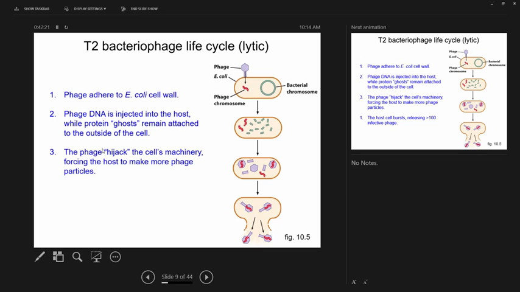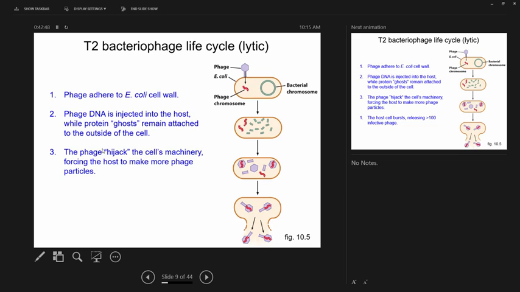At the same time, you notice this is the bacterial chromosome. It's circular. It chops it up. So it's like it shreds the bacterial chromosome, making the bacterium sort of like a zombie that is just there to do the bacteriophage's business. And it makes the DNA replicate, and it also makes more protein coats.